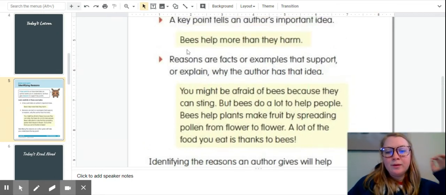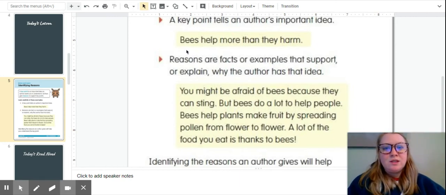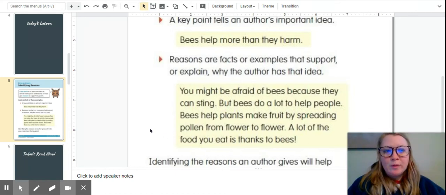You can read the key point, but sometimes you might not know about a subject, or sometimes you might not understand what it means. So it's kind of like one of our reading strategies. If you read on, the author might tell you more about what they're saying or explain it further. And we need to do the same thing when we're writing our opinion pieces.